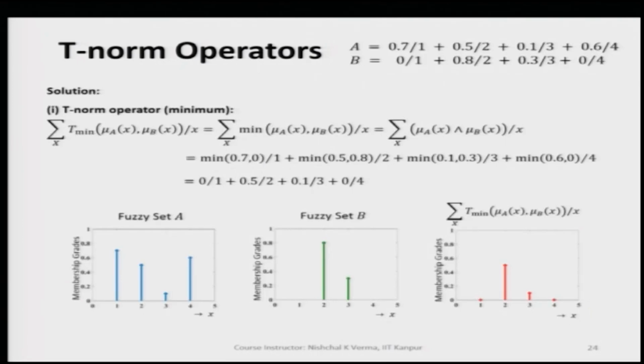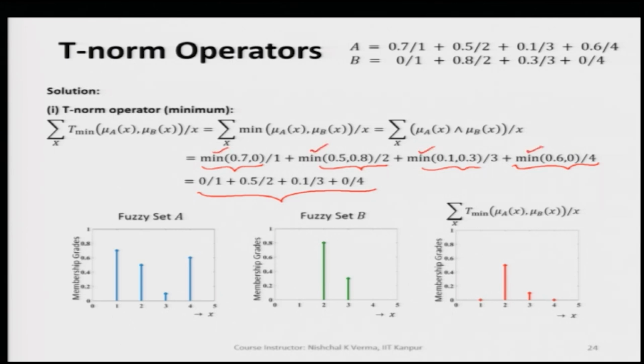When we apply the T norm operator as minimum, we are going to get this as the outcome. You can see here that for each and every membership value of the fuzzy sets A and B, we are taking the min. So, you can clearly see we are using min here, and this is the outcome that we are getting.